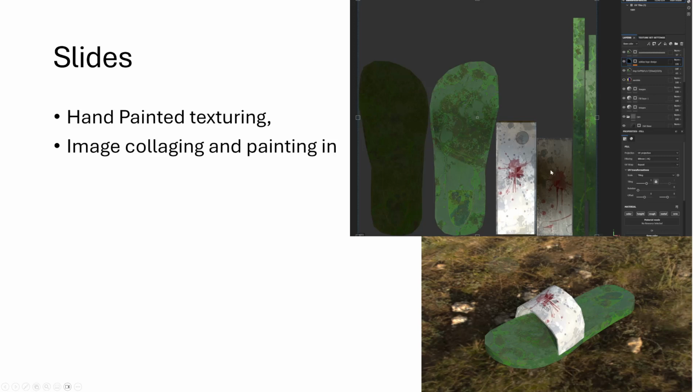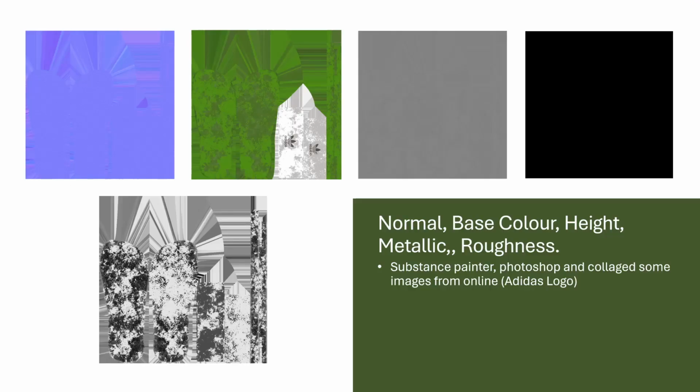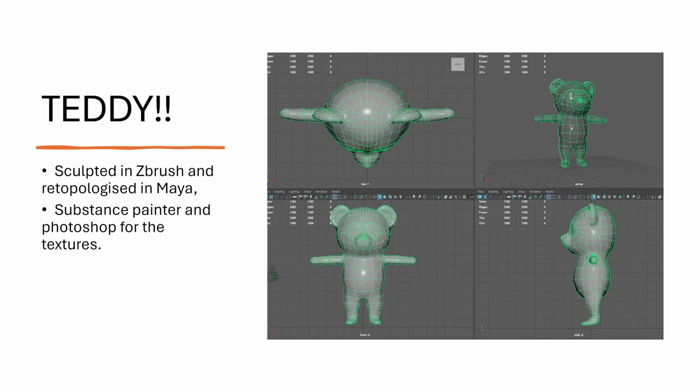What I've done is I've passed it through an image to image AI, and then I've gotten some of these like blood splattering effects and some of these interesting textures that almost look animated as well, like it's come from a manga. And then I've repassed it through Substance Painter to be able to not use it entirely, but just have a little bit of that feel. And so here we have the normal, the base color, the height, metallic, and roughness of my sandals.